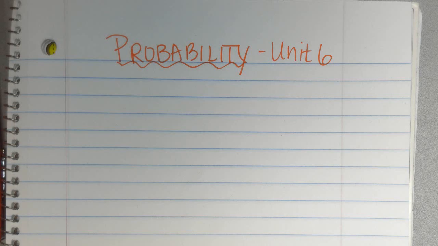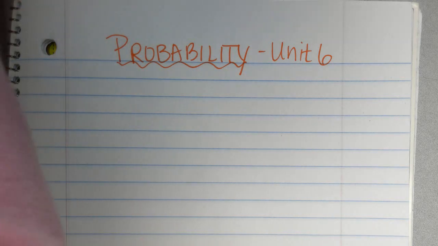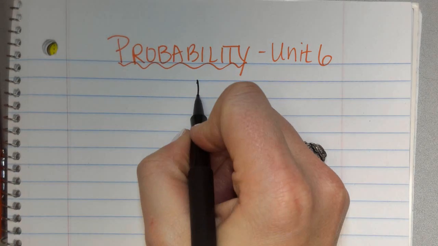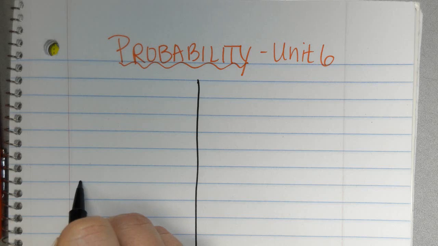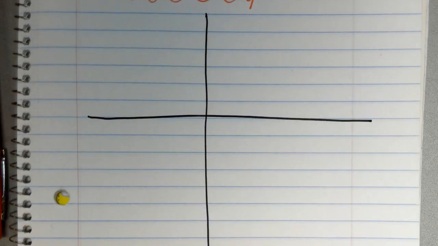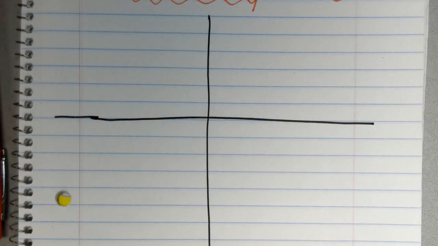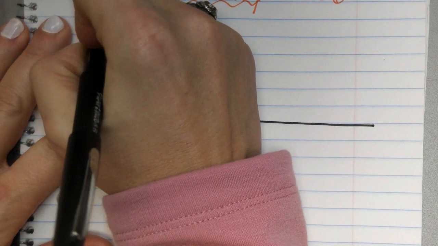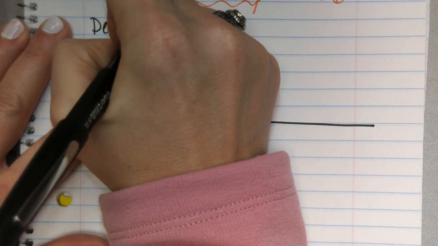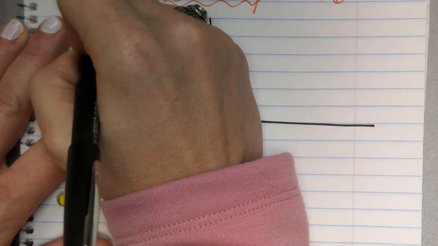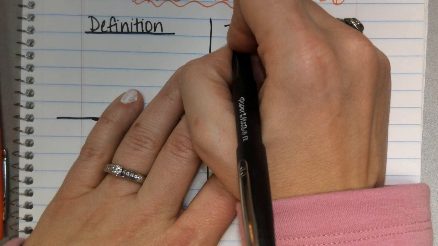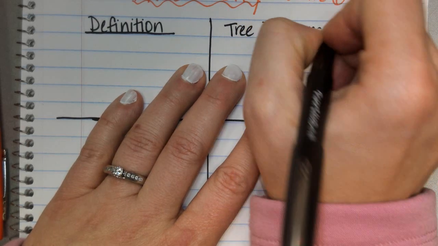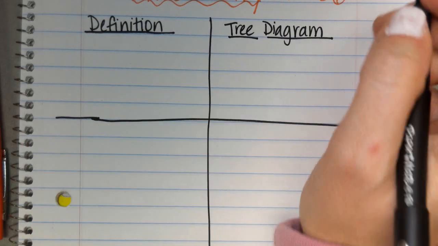So probability. We're going to do some definitions right quick. What we're going to do here is draw a chart with 4 quadrants. The first quadrant is going to have the definition. The second quadrant is going to be what's called a tree diagram. You're going to see what that is.